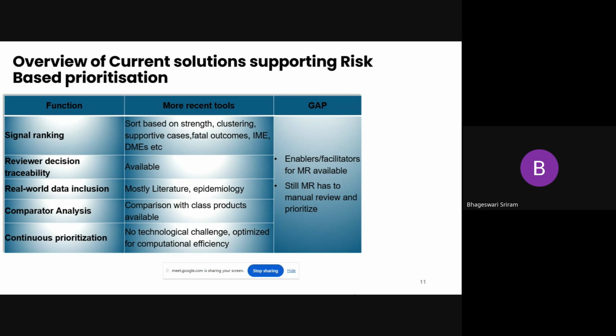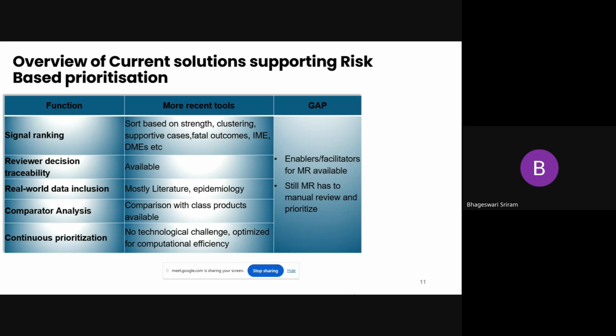There are tools which support signal clustering. One such example which I've seen is the tree scan approach being used to cluster based on the MedDRA hierarchy. It clubs the different lower level terms, aggregates them, and then the decision is made on the p-value at each and every level.